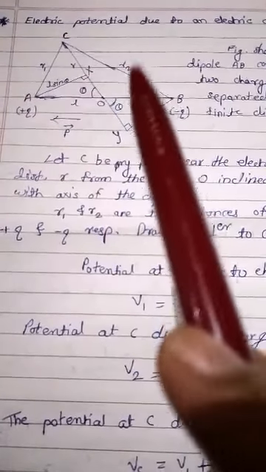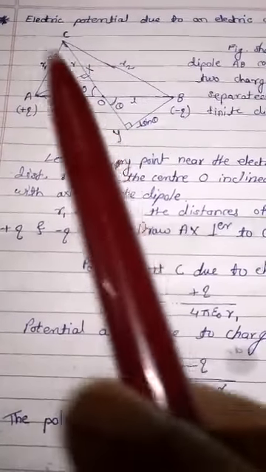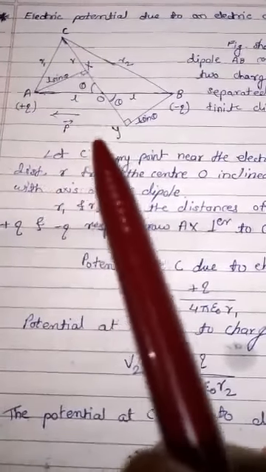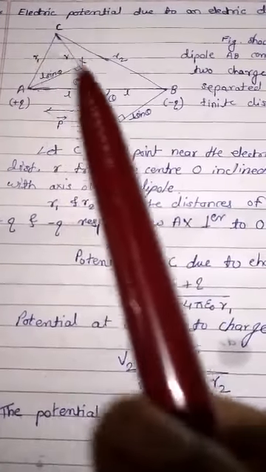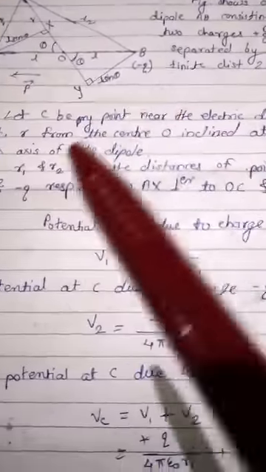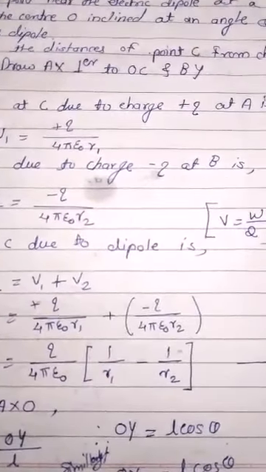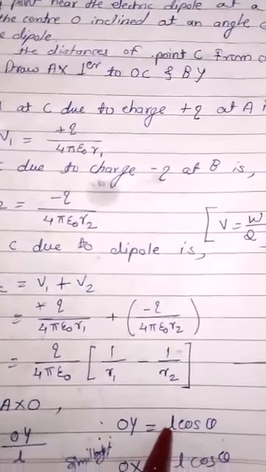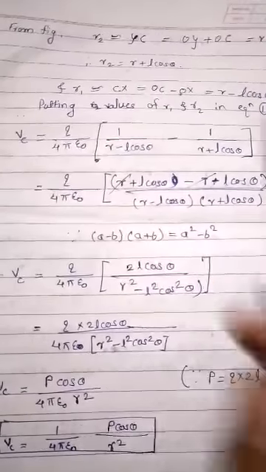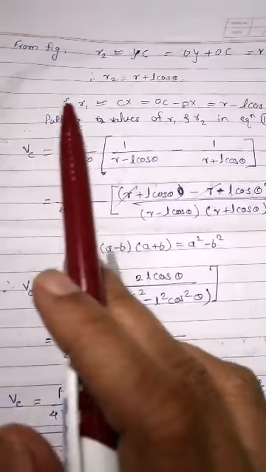We know that the value of OC is R, and OY we already found is L cos theta. Putting in this value, we get R2 is equal to R plus L cos theta.